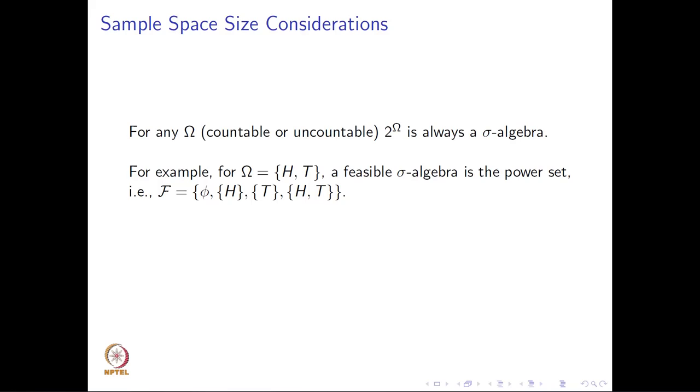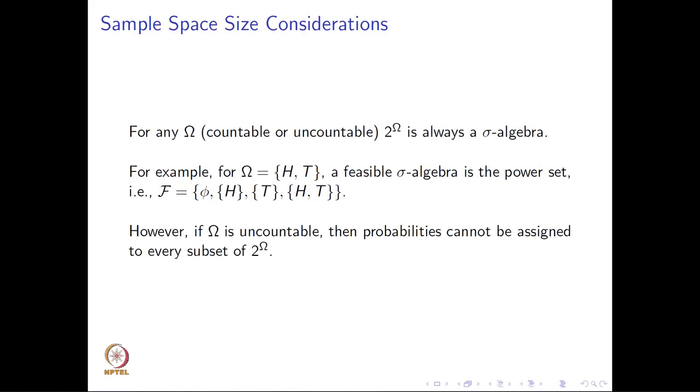This is not the only feasible sigma algebra as we have seen in the previous example, but the power set will always give you a feasible sigma algebra. However, if omega is uncountable, then probabilities cannot be assigned to every subset of the power set. This is the crucial point, which is why we need the concept of sigma algebras.